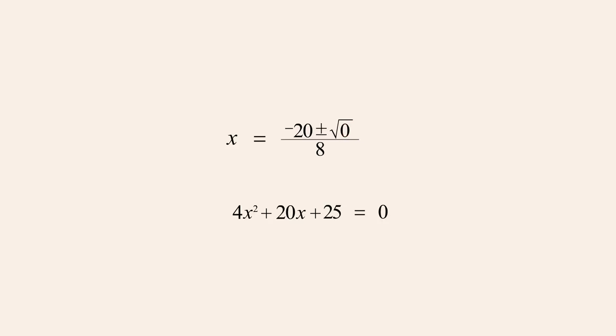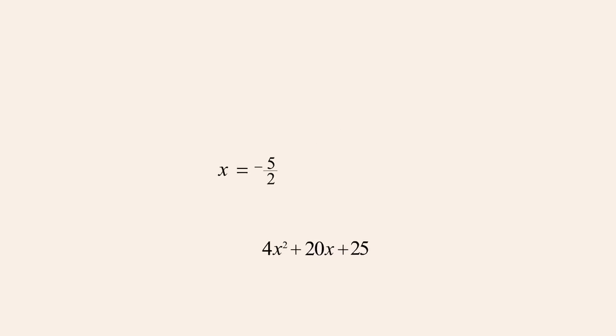And so the plus or minus sign adds or subtracts a value of 0, resulting in a single x value instead of two x values. The quadratic formula therefore produces a single solution, -5/2, that corresponds to the single 0 of the quadratic function 4x squared plus 20x plus 25.